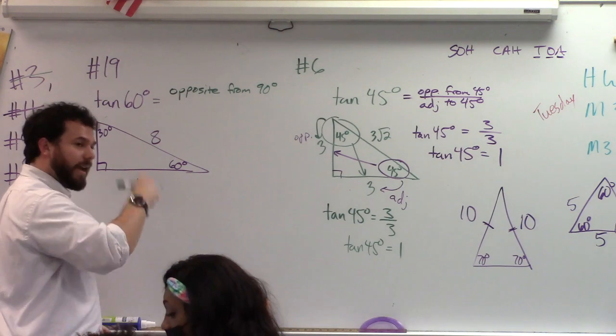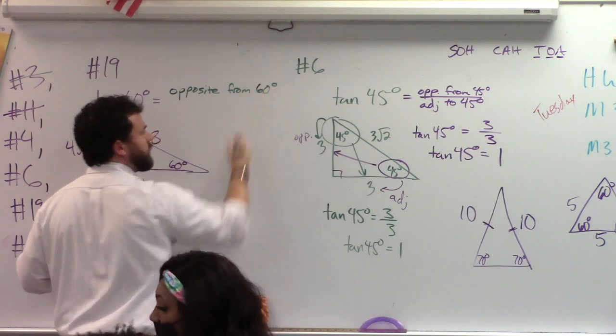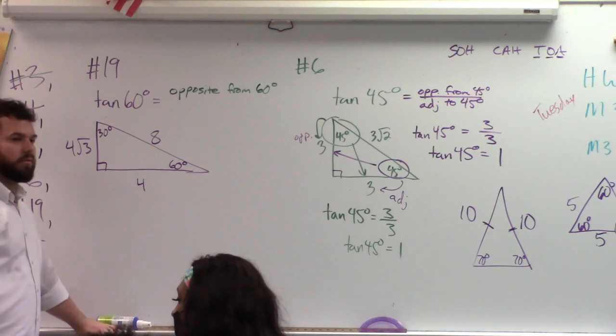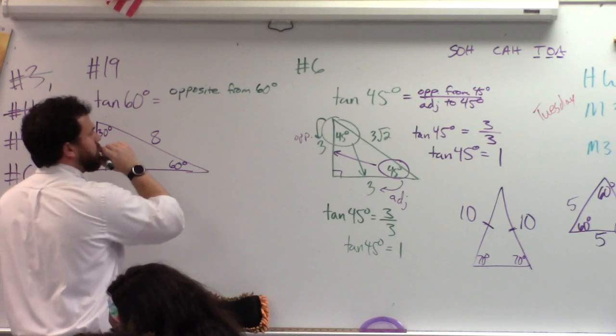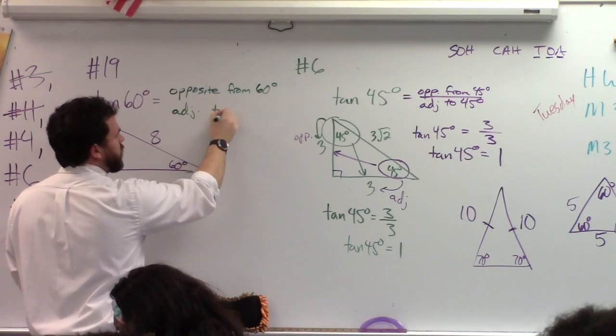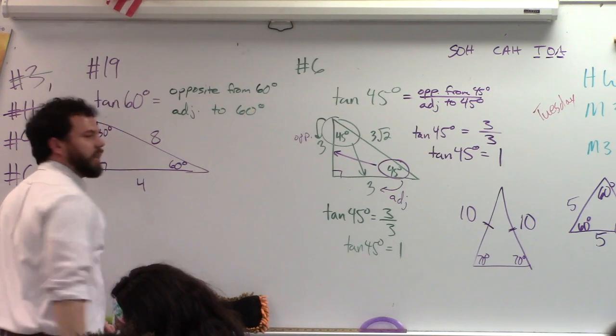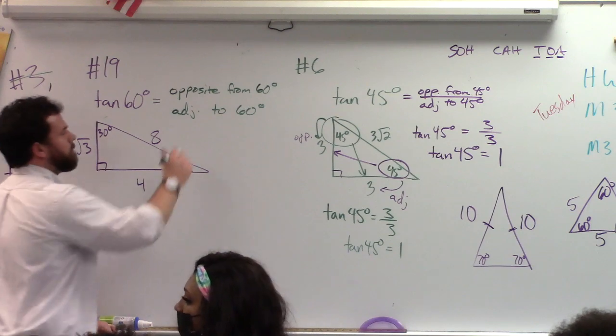It's the tangent of 60 degrees, so it needs to be the opposite from 60 degrees. Then what? Adjacent from 60. Well, we would say adjacent to 60. Oh, with the division bar. The fraction bar.